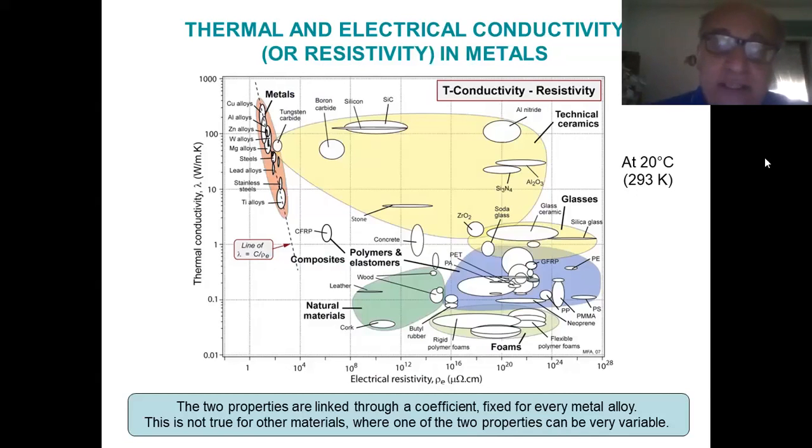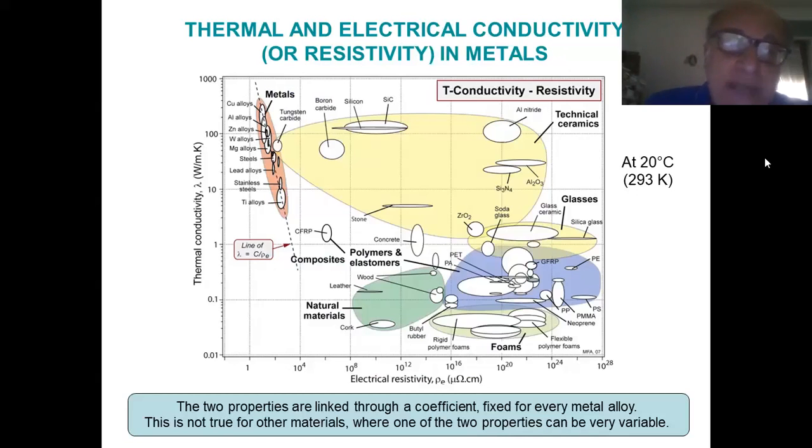What is obvious from this chart, even at a quick look, is that metals present a kind of relation between these two properties. And in fact, you can imagine there is a coefficient. This graph is at room temperature, ambient temperature, so 20 degrees Celsius.